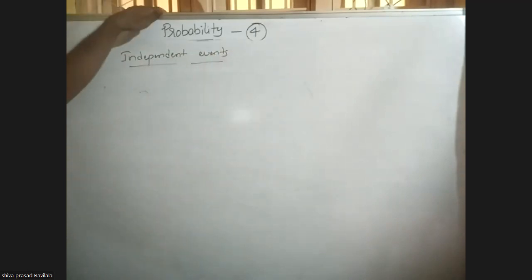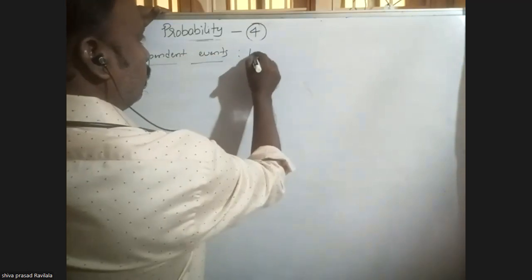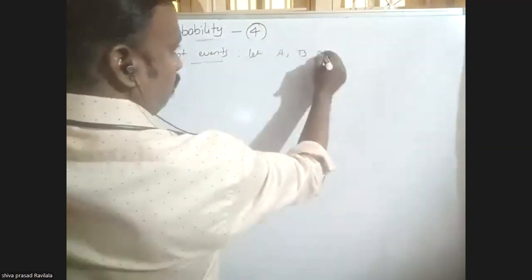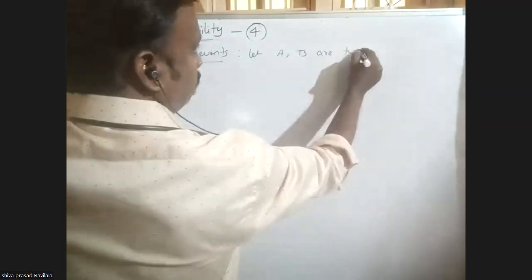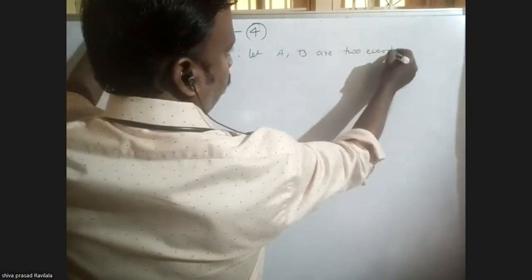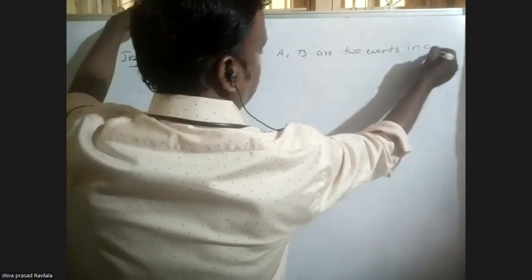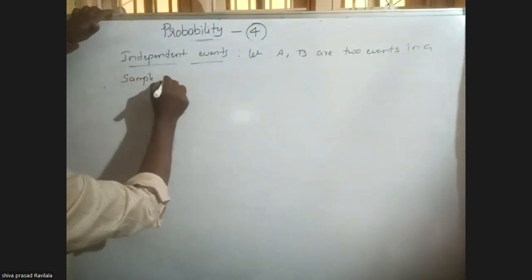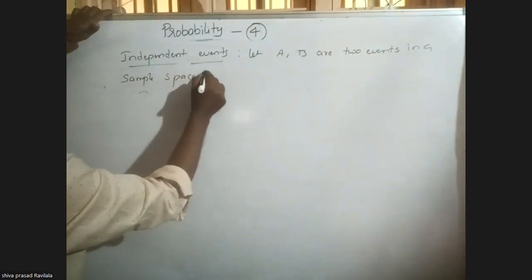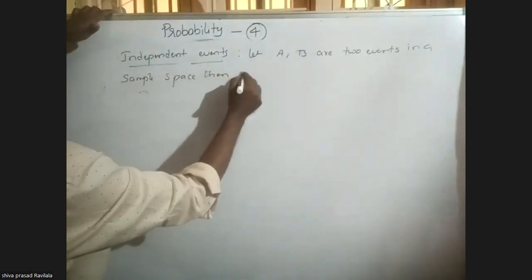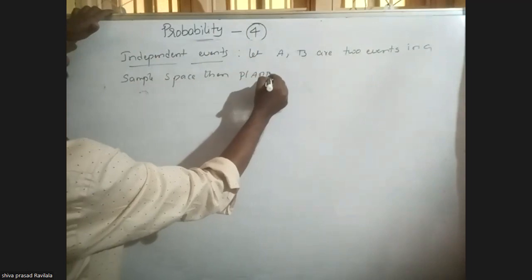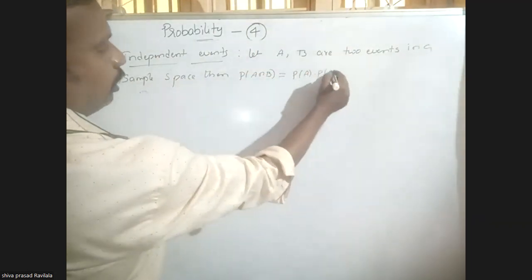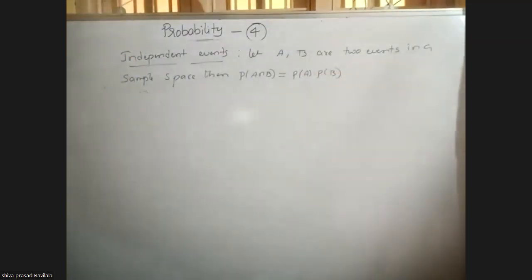Let A, B be 2 events in a sample space. Then probability of A intersection B is equal to probability of A into probability of B.